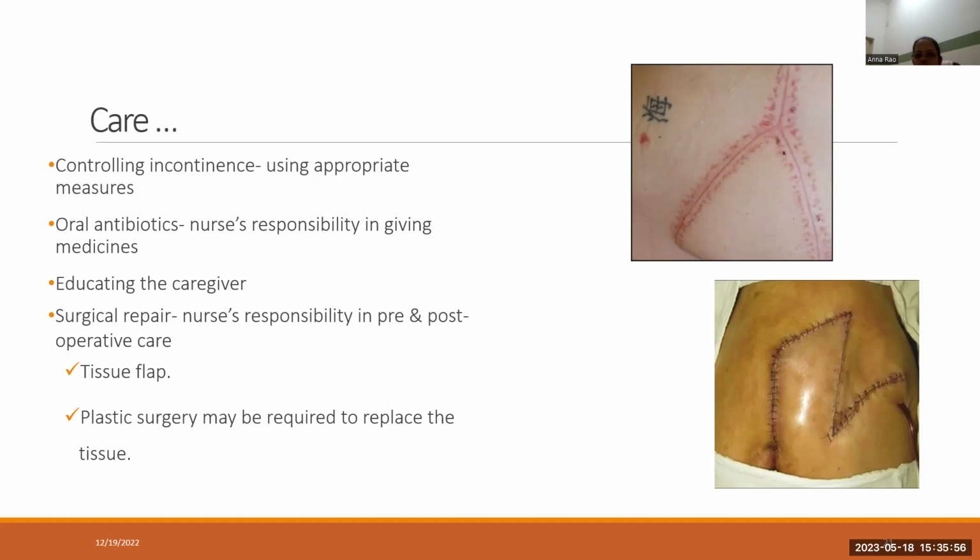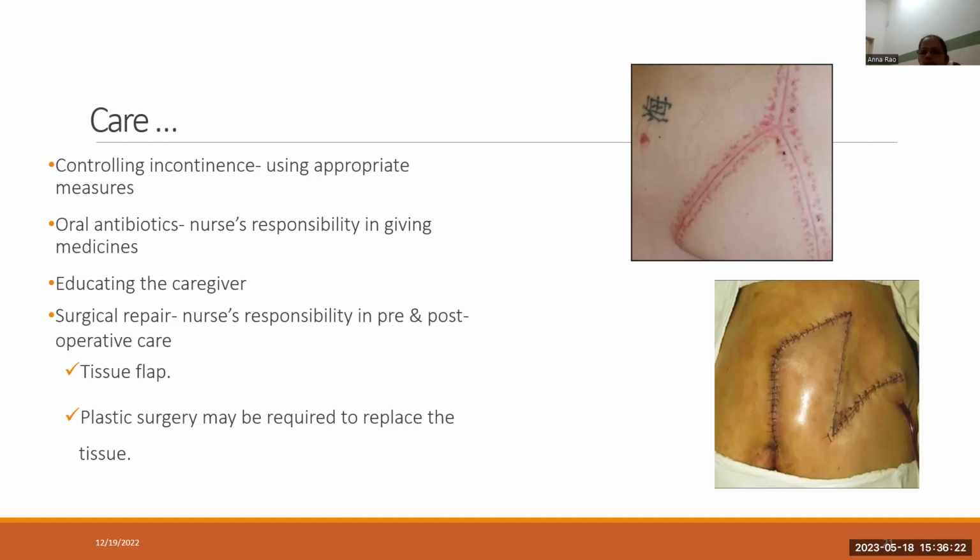So measures should be taken, and he should be kept dry as far as possible, right? Because too much moisture is the leading cause of development of the bed sore we just saw. And moisture will always attract a lot of microorganisms. So secondary infection will easily take place.